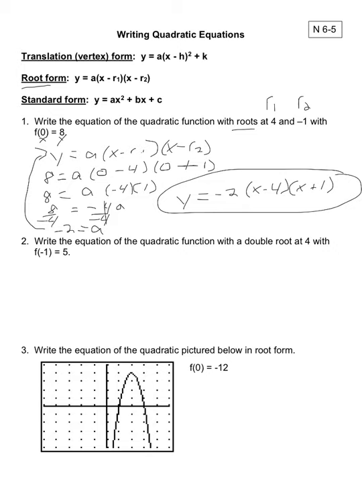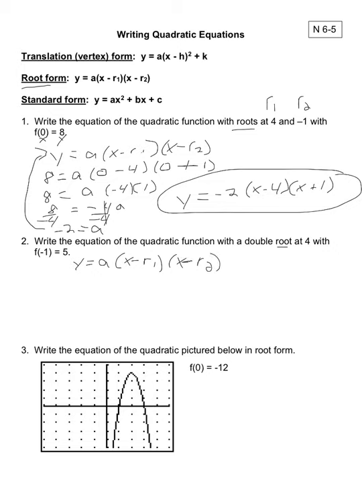Okay, same thing on number 2. I see the word root, so I know I'm going to use the root formula. The root formula being y equals a, parentheses, x minus r1, x minus r2.